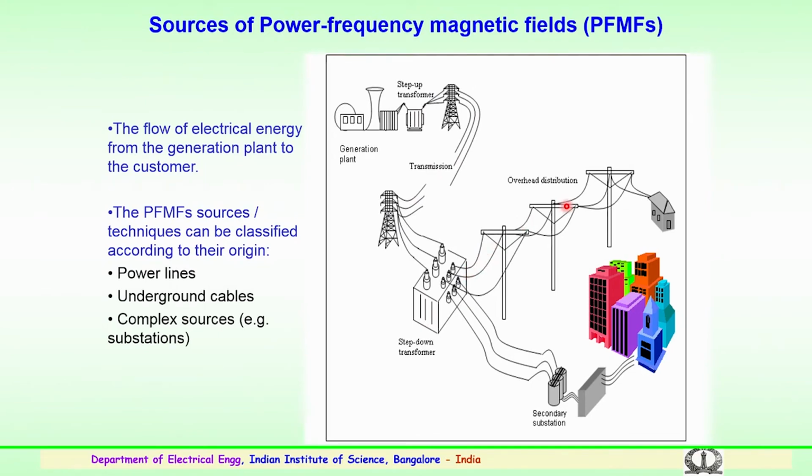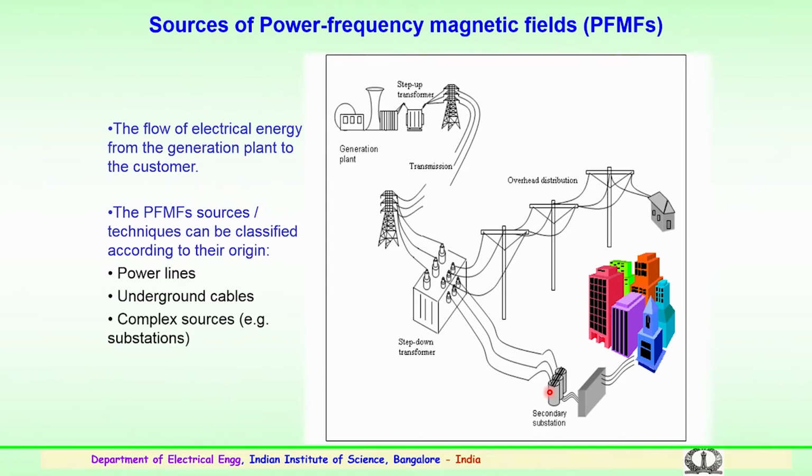It could be industry, it could be domestic purpose. During this entire process, the flow of energy from the generating plant to the customer level is at power frequency operating voltages, which could be distribution, extra high voltage or ultra high voltage.